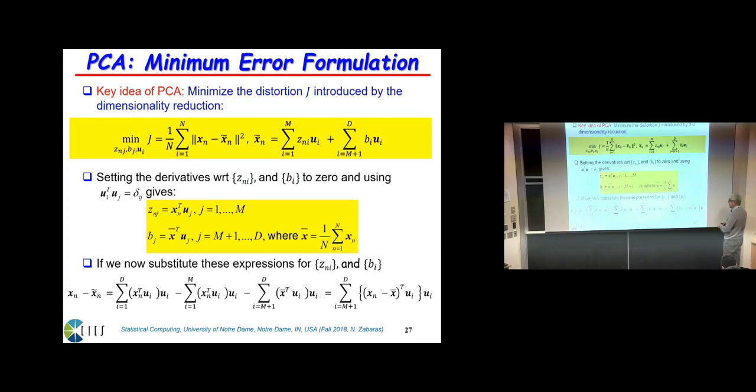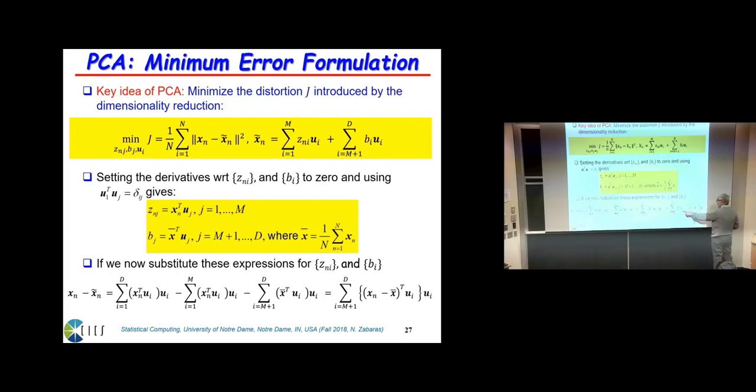So you notice the error that you make, so let's say you project on this plane, what are you missing? What you are missing is what is vertical to that subspace, and you can see here it involves the vectors u_i from M plus 1 to D. And the coefficients, again, this is interesting, look like a projection, but they are projections of x_n minus x-mean.